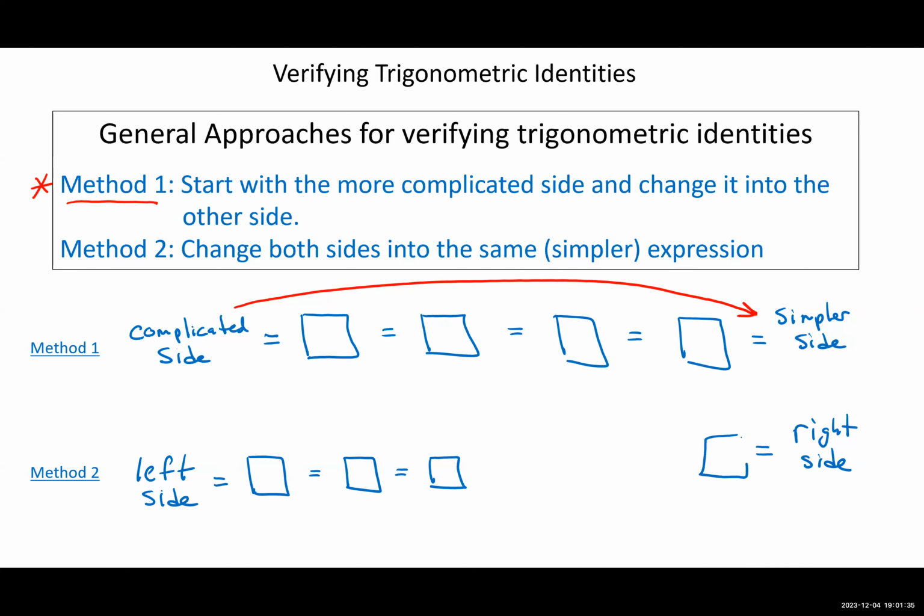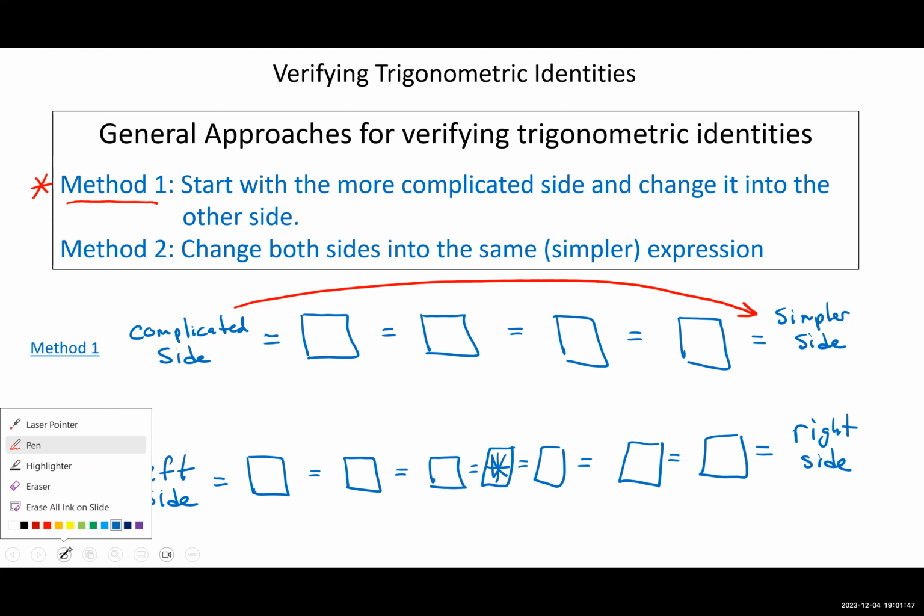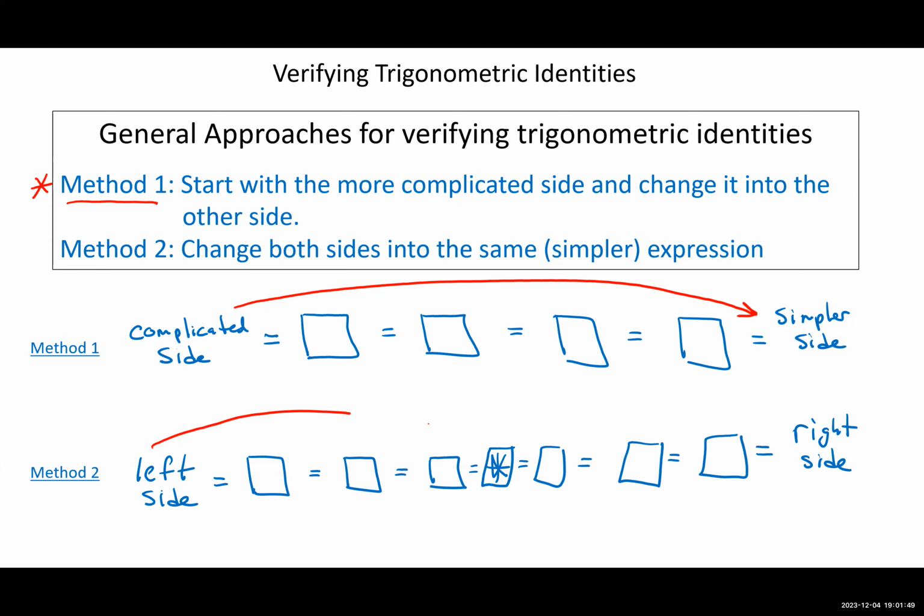The right side is equal to this, so we're getting simpler. It's equal to something else, which is equal to something else. And then both of these guys are equal to something in the middle. So method 2 is to do something like this. Simplify both sides to get to a common place. You're basically connecting the chain from left to right.